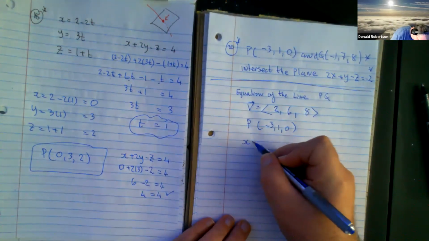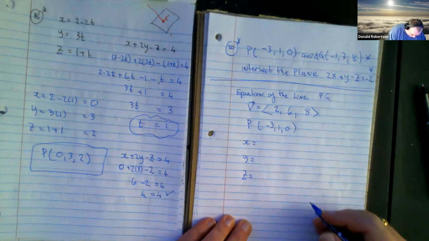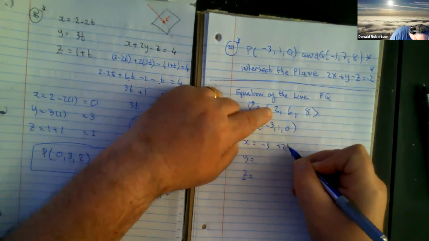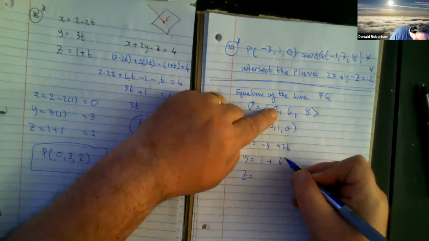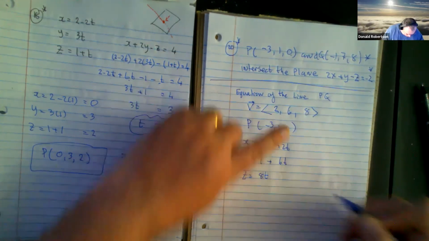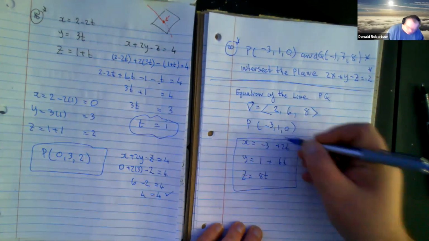Then in parametric form, the equation of that line will be the point (-3 + 2t, 1 + 6t, 0 + 8t). I'll just write 8t because I don't want to have to rewrite it again. So here is the equation of our line.